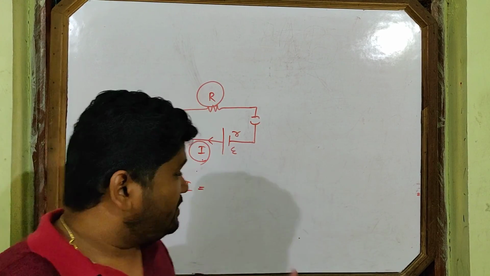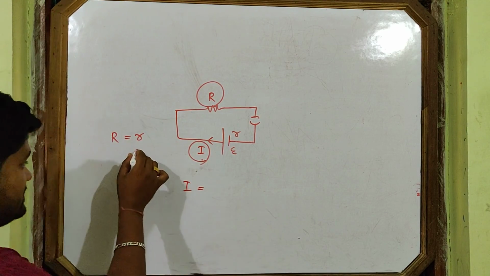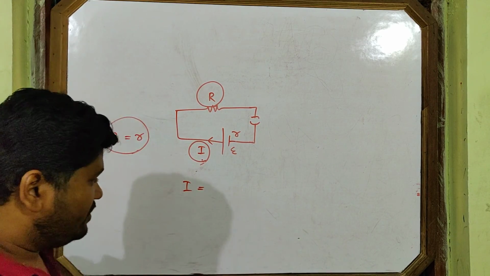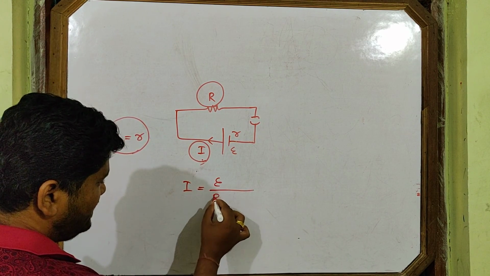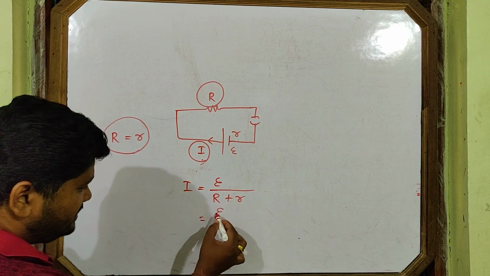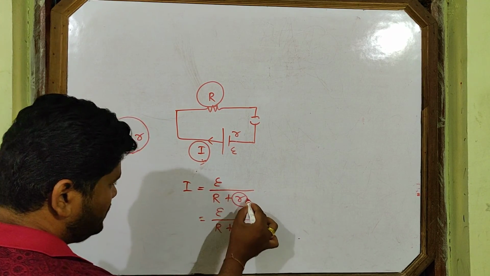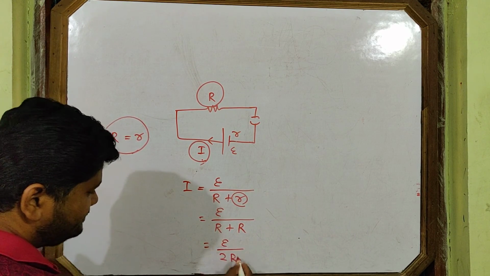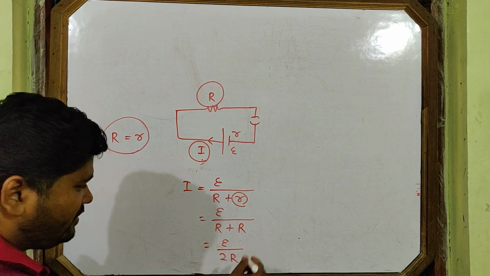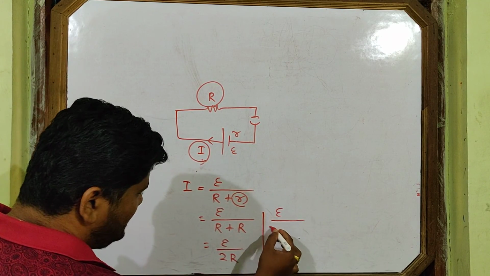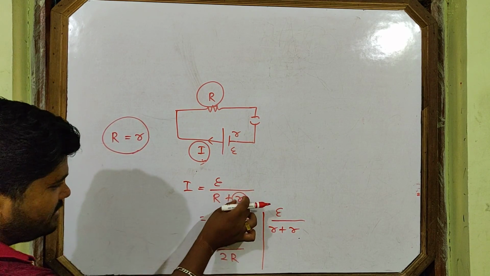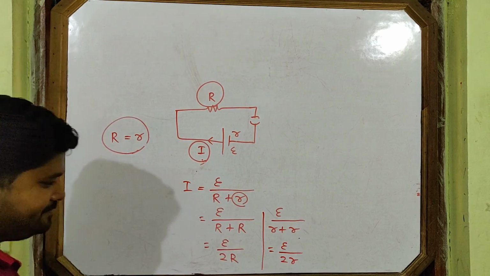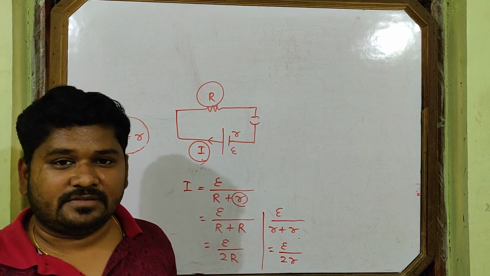If this condition is satisfied, maximum current will be drawn from the cell. And what will the maximum current be? Net EMF by net resistance, so E by R plus r, and this small r is also equal to capital R. So it is E by 2R. This is the maximum current. Or in terms of small r, E by small r plus R, writing small r in place of capital R because both are the same, equals E by 2R.